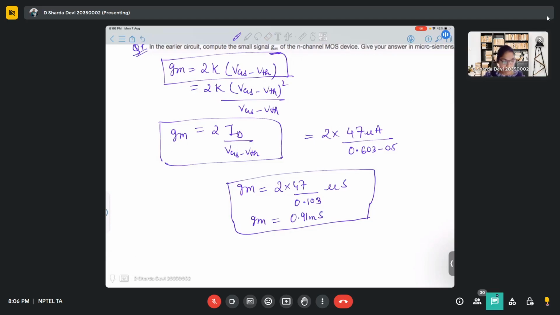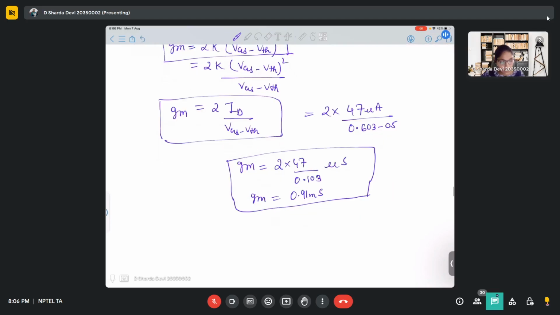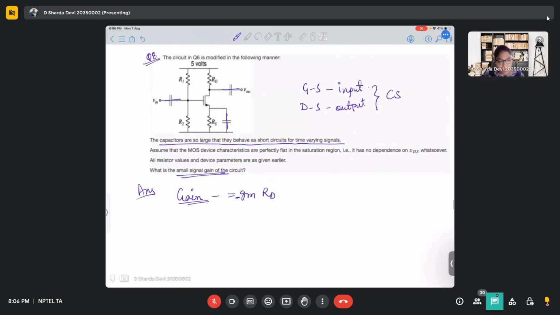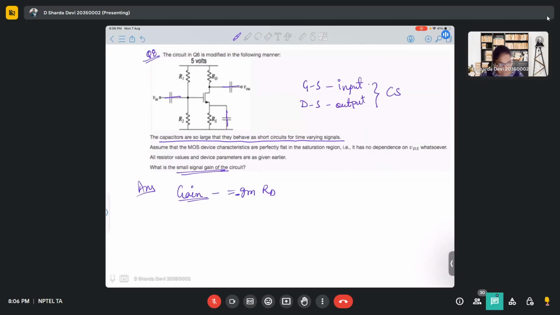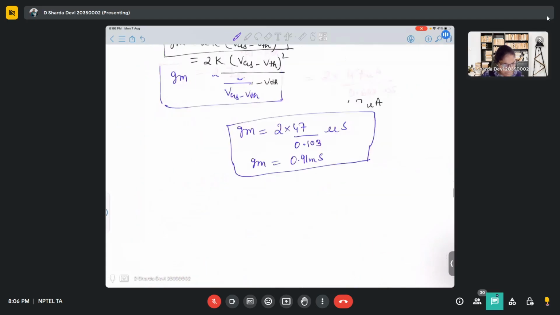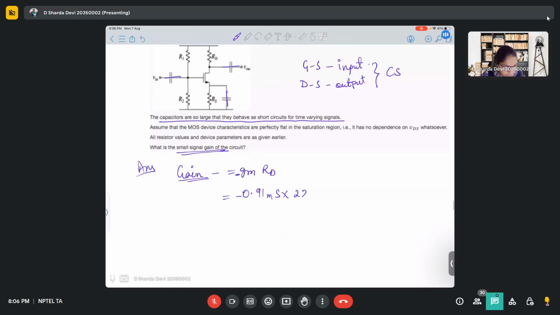I have not calculated this answer, but considering this is correct, let's say 4.91 millisiemens is the GM that you are getting. So for this particular question, the gain will be minus 4.91 millisiemens into what was the RD? It was 22.7K. So what is the value of gain that we are getting?